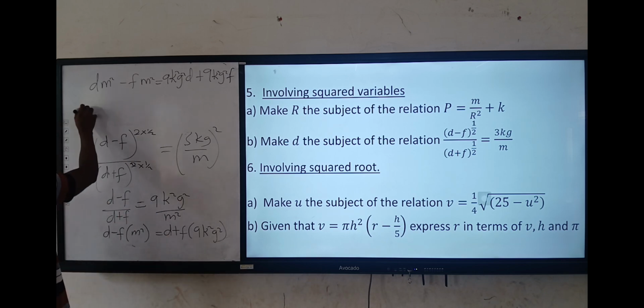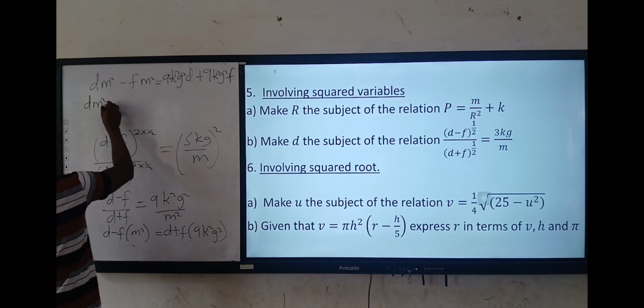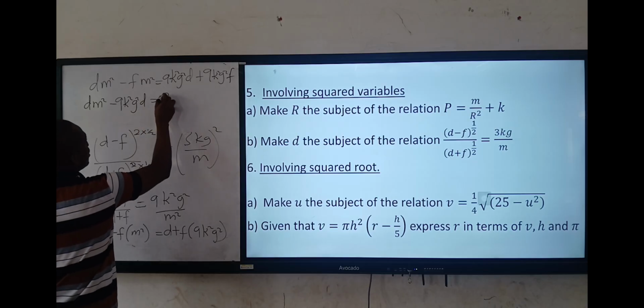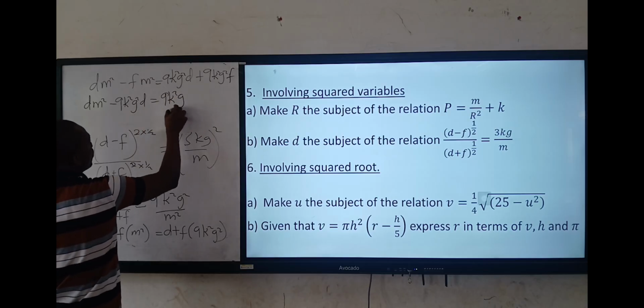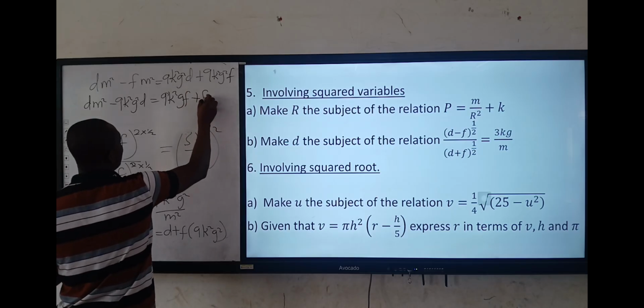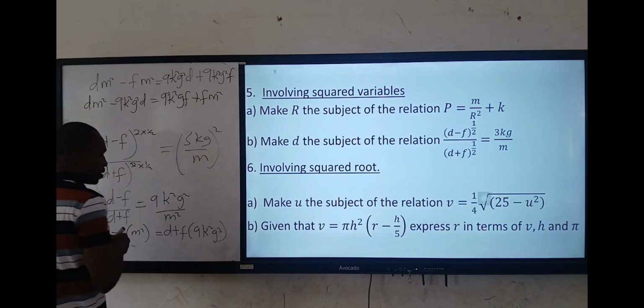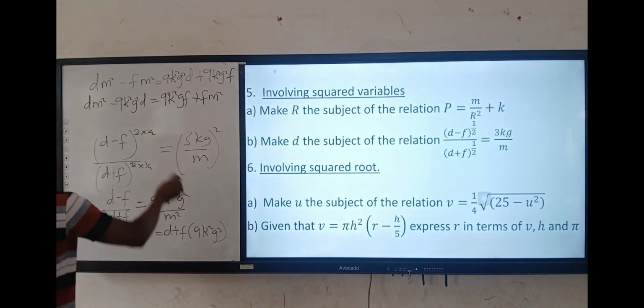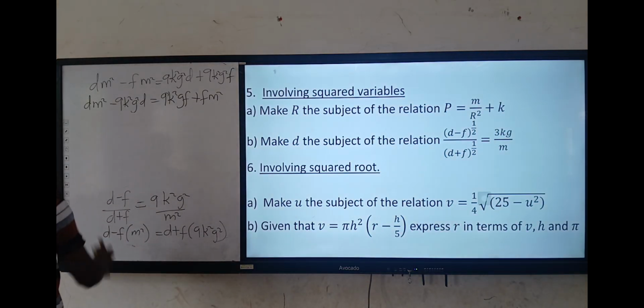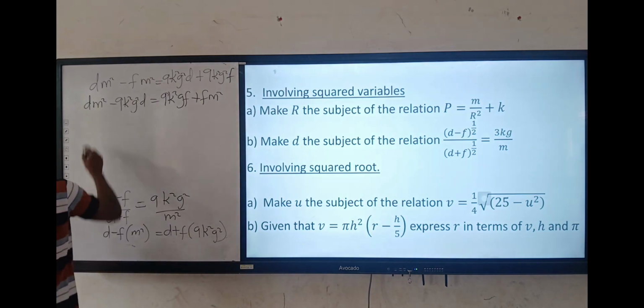So you are going to get dm squared. Then this one plus the equals and becomes negative 9k squared d squared d to be equal to, maintain this one, 9k squared d squared f. Then this one will plus become positive fm squared. Now the next thing is that here d is common.